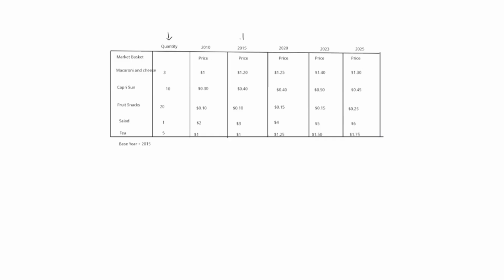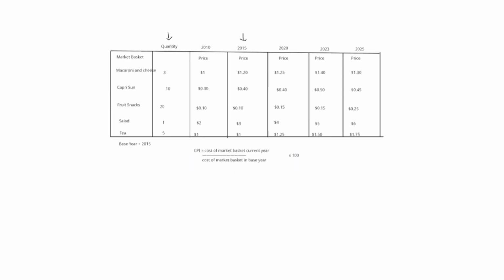Now remember, our calculation for CPI is the cost of the market basket in the current year divided by the cost of the market basket in the base year times 100.